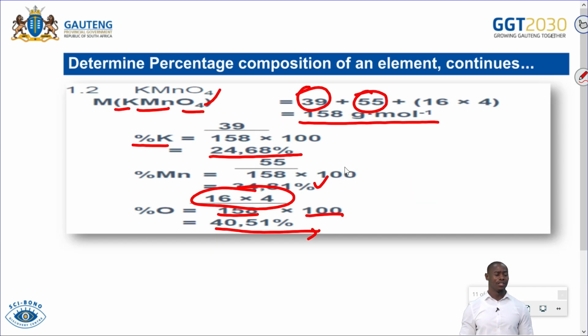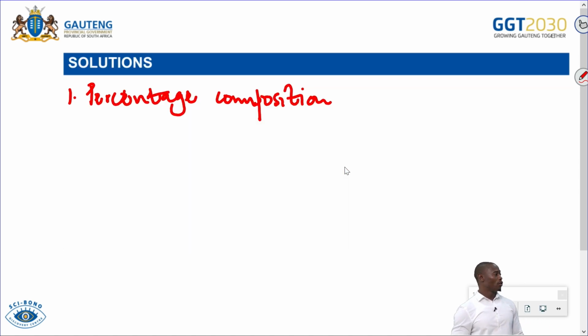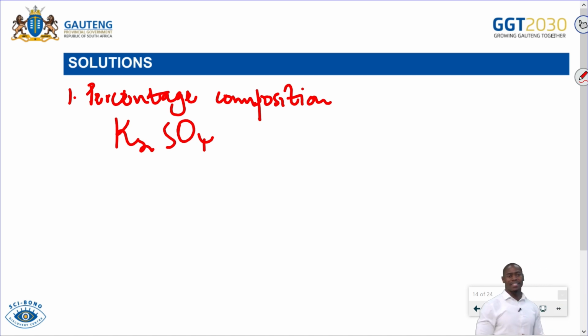The next question, what are they looking for? They are looking for the value of X. So for the value of X, you have potassium sulfate, K2SO4. The first thing that we need to do here, learners, is to calculate the molar mass of potassium sulfate.